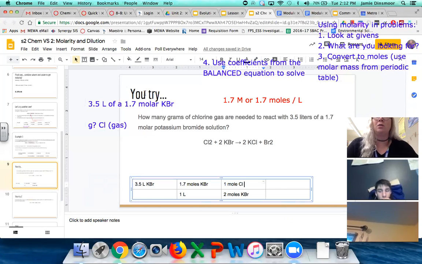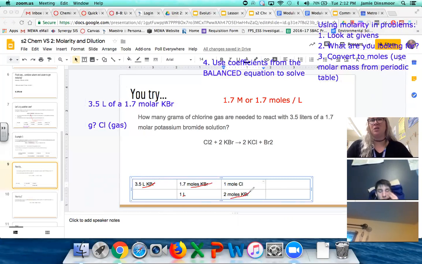So now, just a quick check of our units, what's canceled here, right? We've gotten rid of liters. We've gotten rid of moles. We're in moles of chlorine, however, we don't want to be there. We want grams of chlorine as a gas. Seems counterintuitive to measure gas in grams, but you do it. So how do we get from moles of chlorine to grams?